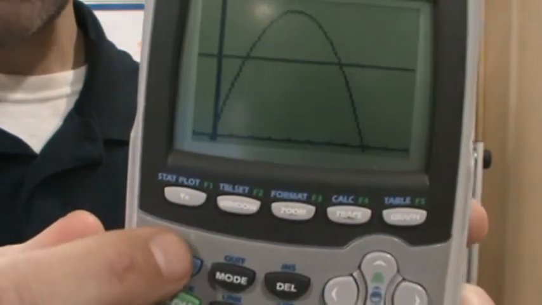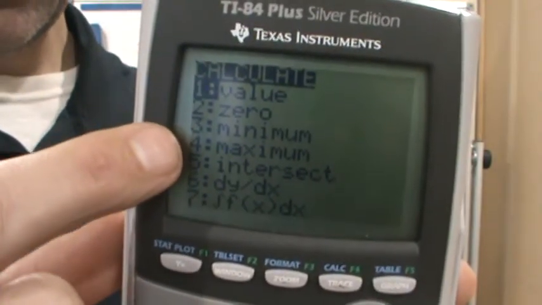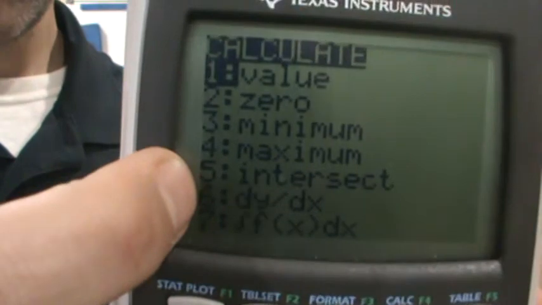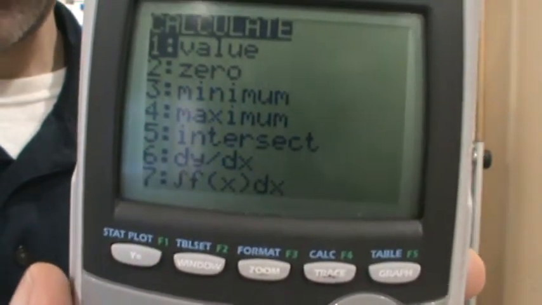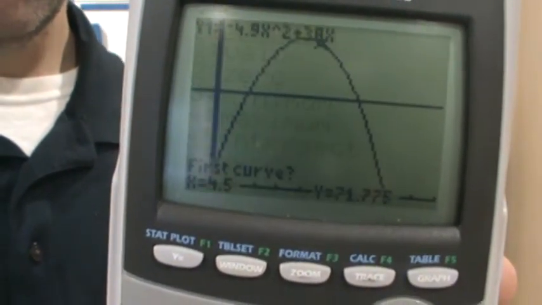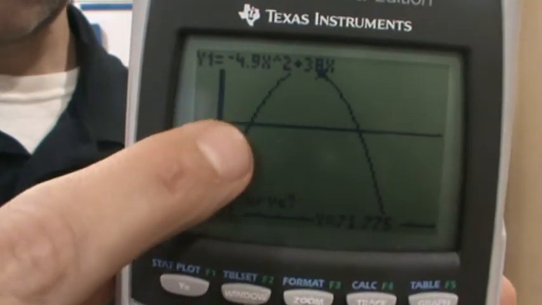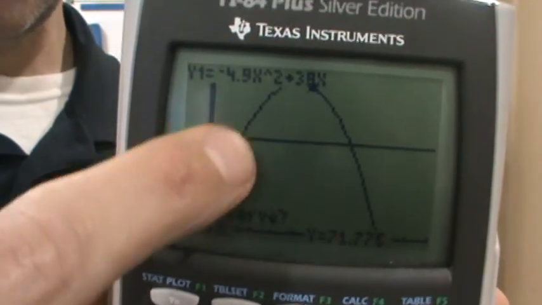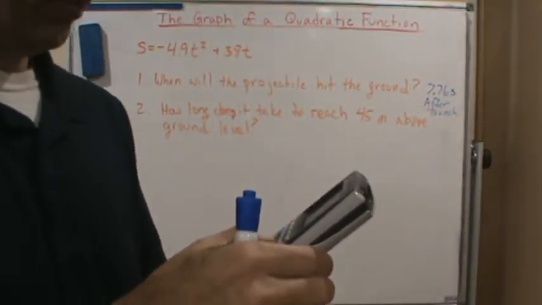Well, let's go to second calc. And now look at that. I'm going to go to number 5, which is intersect. I want to find the intersect. So let's go down to 5, hit enter. Now there's my cursor up there, so I need to find the left and right endpoints of this and this. So let's do the first one.